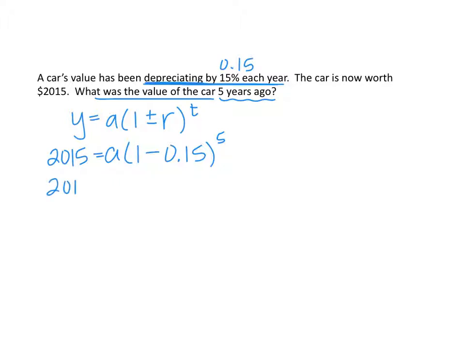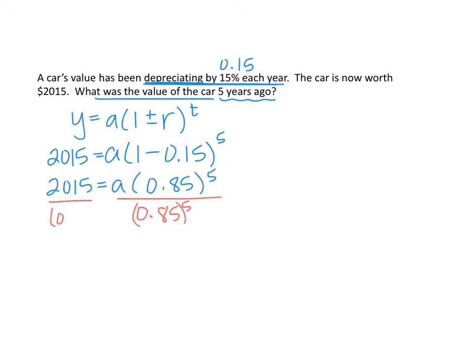I'm going to go ahead and simplify the parentheses. 1 minus 0.15 is 0.85, to the fifth. Then I can divide both sides by 0.85 to the fifth so that I can get the A by itself, so that I can isolate A. 0.85 to the fifth divided by 0.85 to the fifth is just 1.